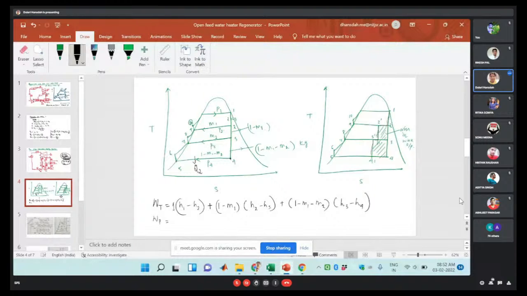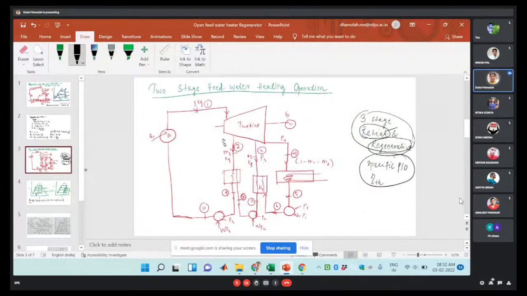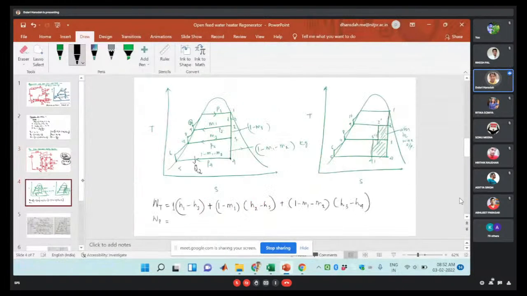Okay. So now let me write down what is the WP. WP means first I will write down for pump 1. In this case the points are 5 and 6 and the condensate is 1 minus M1 minus M2. So your pump work will be how much? 1 minus M1 minus M2 multiplied with H6 minus H5.